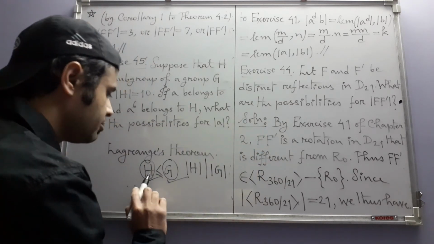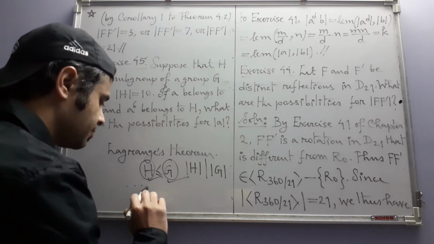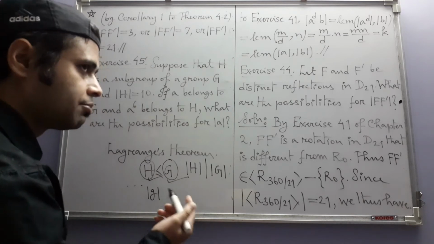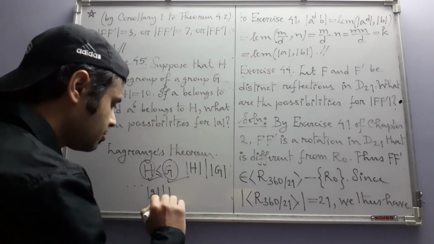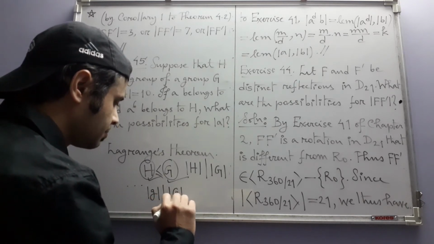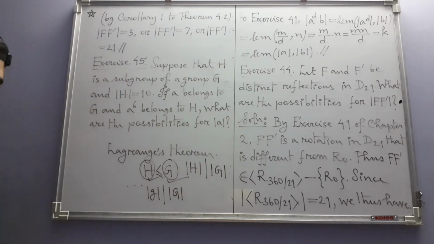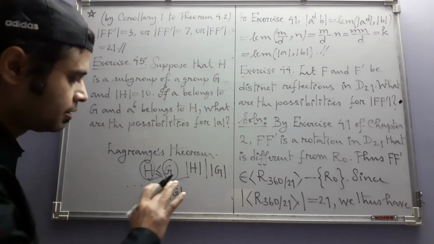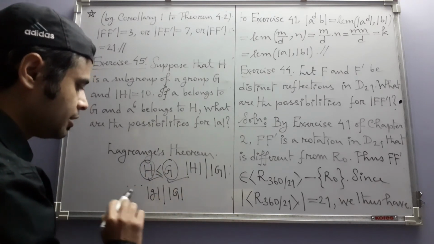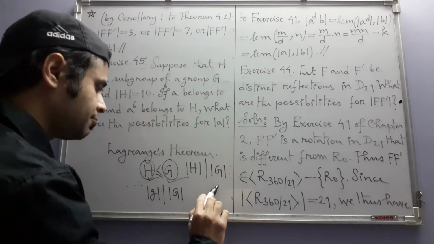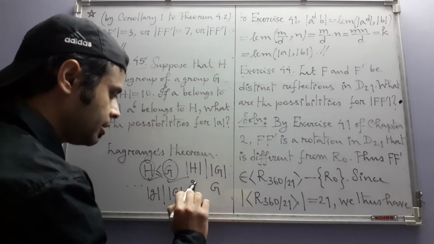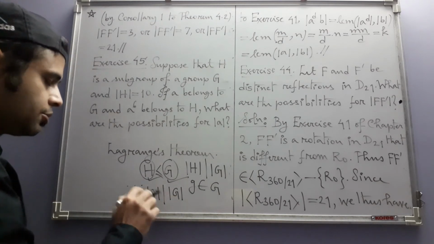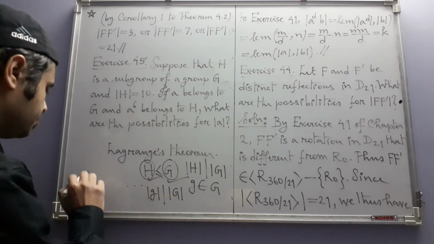And a consequence of this theorem is that the order of any element in a finite group also divides the order of the group, which is very easy to see once you have the general Lagrange's theorem. You have a finite group G, you take an element g in G, which also will have finite order.